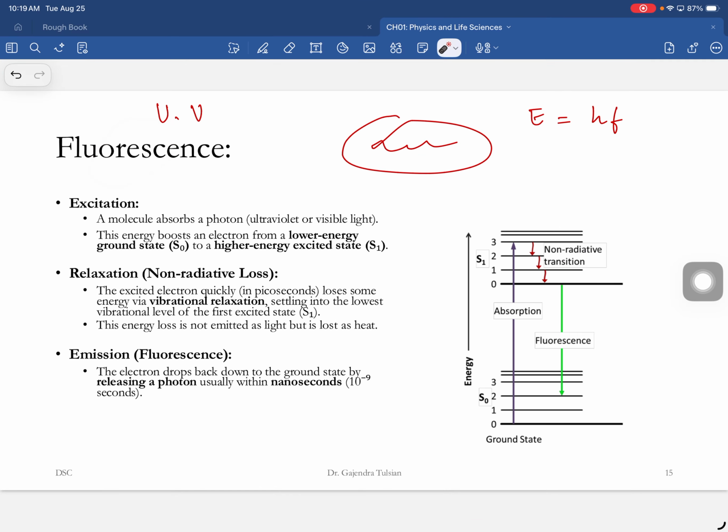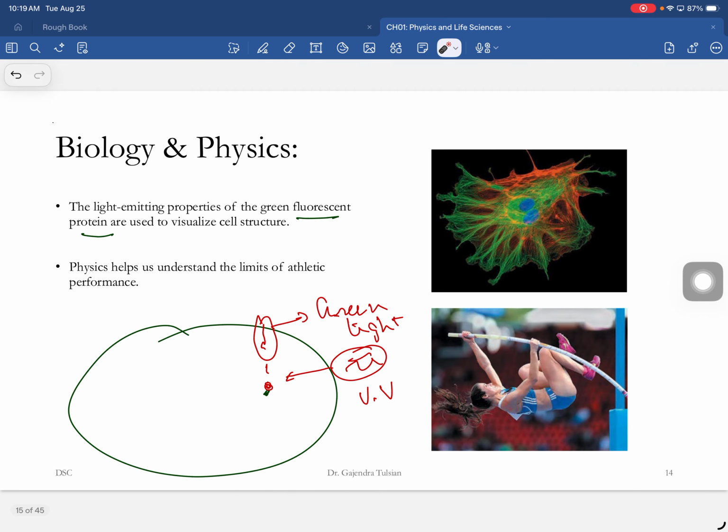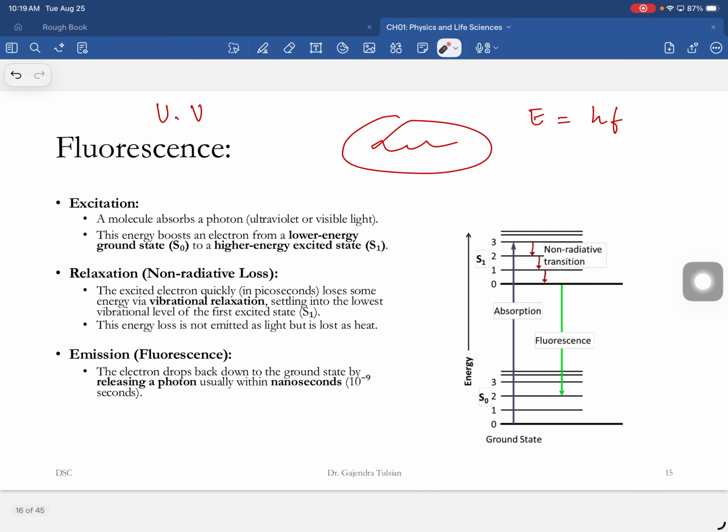So remember, we are taking a picture of that inside the cell. What we're going to do is shine UV light on that molecule, the fluorescent molecule. That molecule gets excited. So you shine UV light, it has high energy, that molecule gets excited.